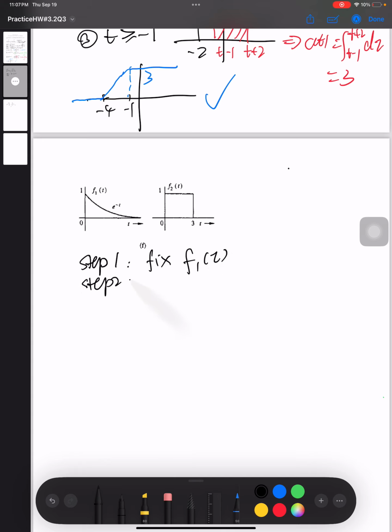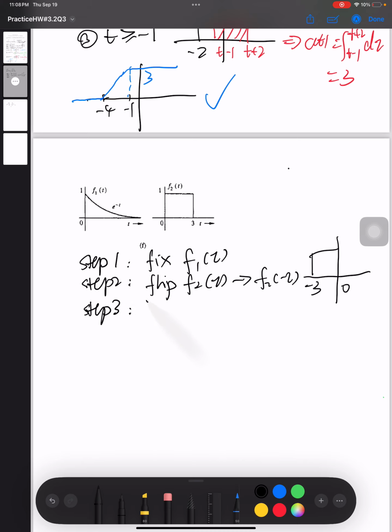Step 2, we flip f2(tau) to f2(minus tau). So the plot is going to look like this. And step 3, we shift f2(minus tau) to f2(t minus tau).